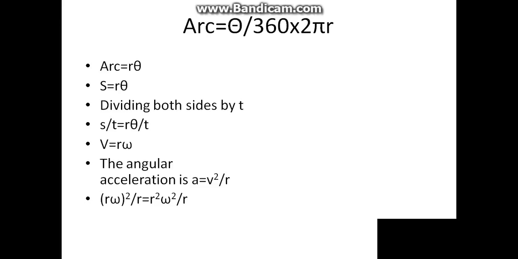Substituting the value of v, which is radius times angular velocity, we have r squared omega squared all over r. Therefore, acceleration a is equal to r omega squared.